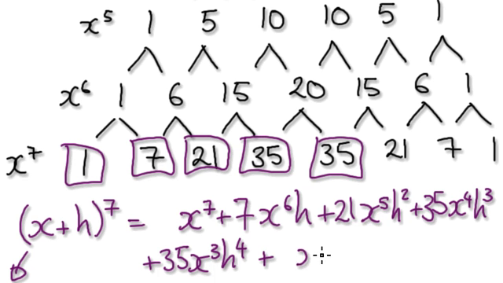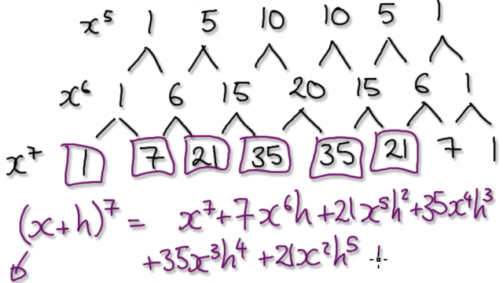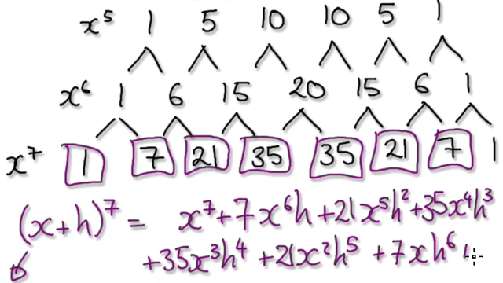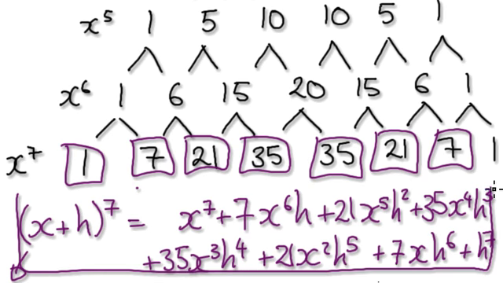The x goes down by 1, the h goes up by 1. The coefficient that you will need will be 21. The x goes down by 1, the h goes up by 1, so the coefficient that you will need will be 7. And then your last term will be h to the power of 7. So this is your overall answer here.